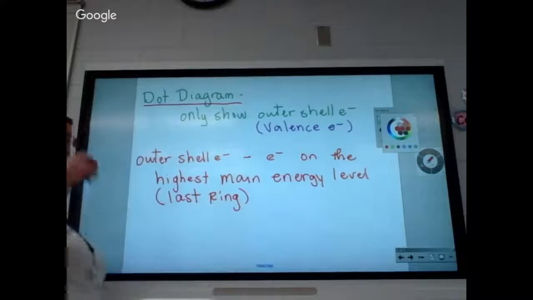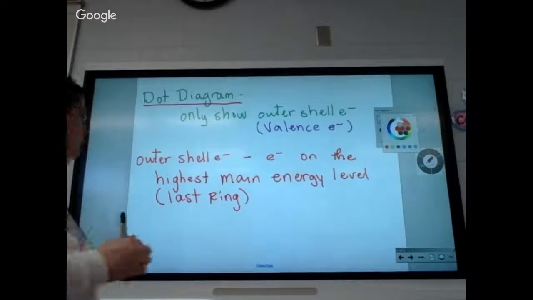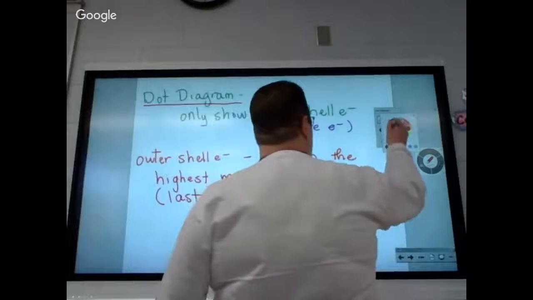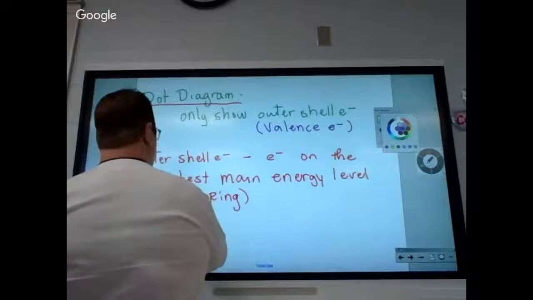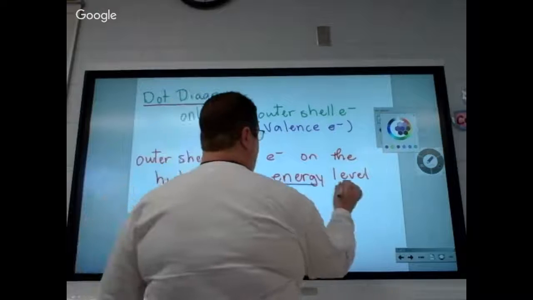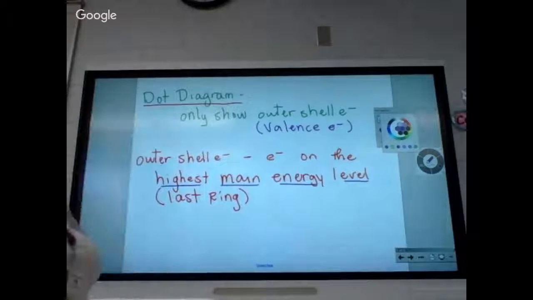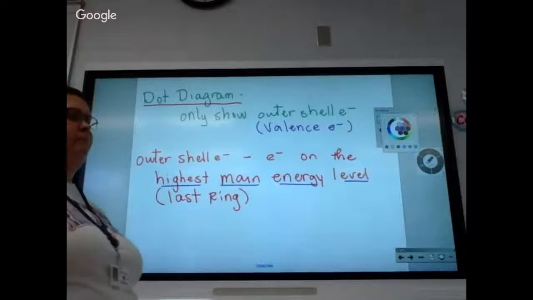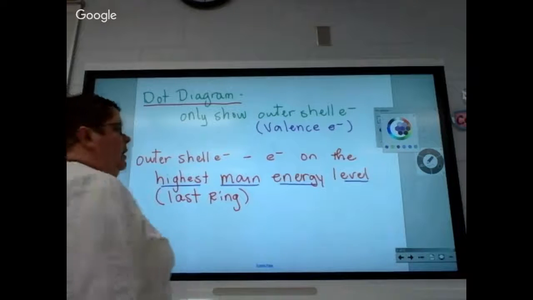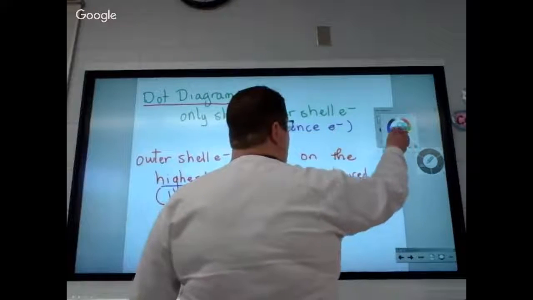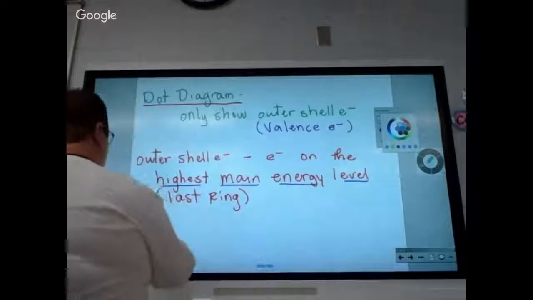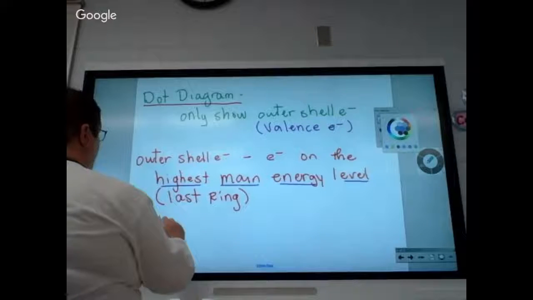But it's the highest main energy level. Now, the definition for the inner shell, you're going to love this one.